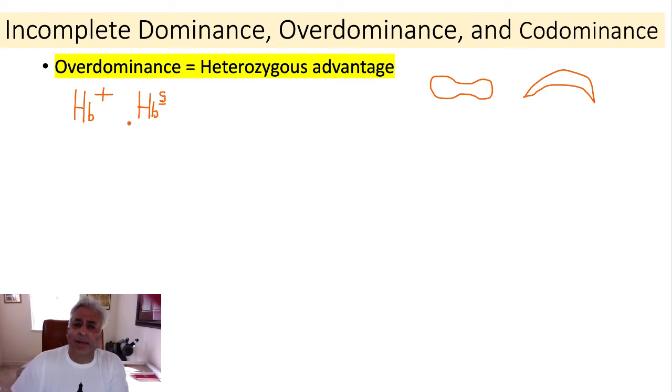With these two alleles, there are three possibilities for a diploid organism. I'll just use the plus sign and the S sign to save time. The first possibility is that you could be an individual who is homozygous dominant. This person does not have sickle cell disease.